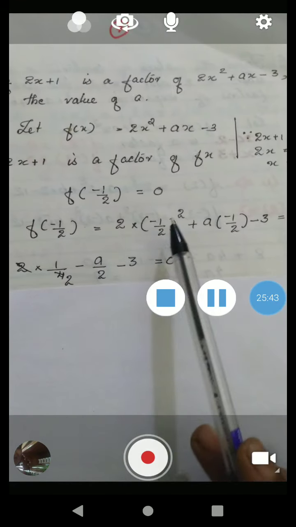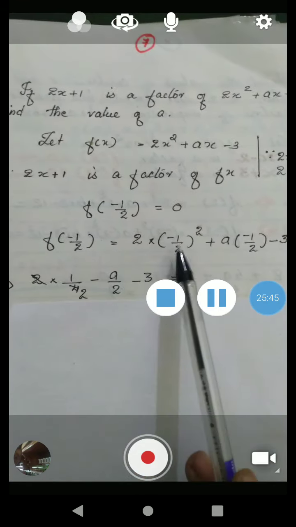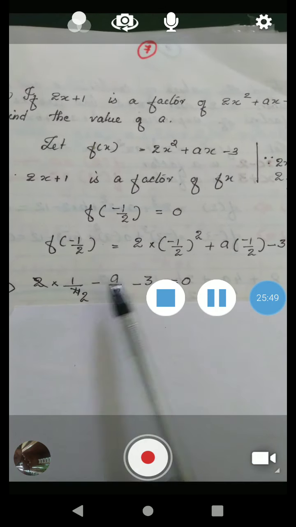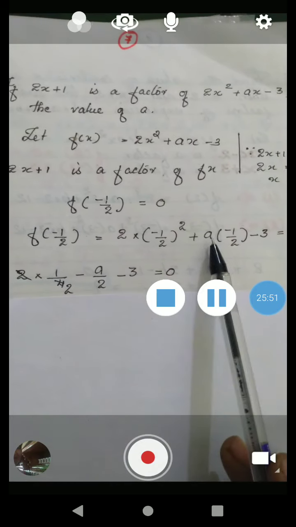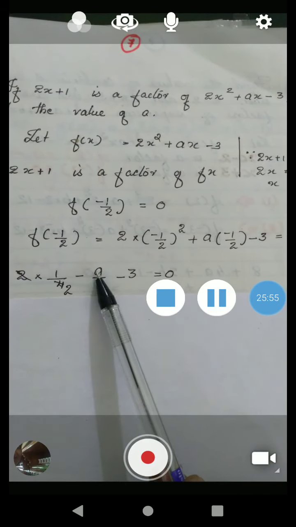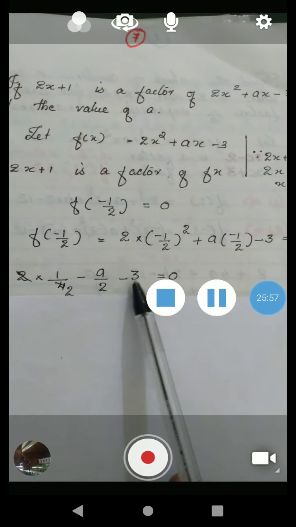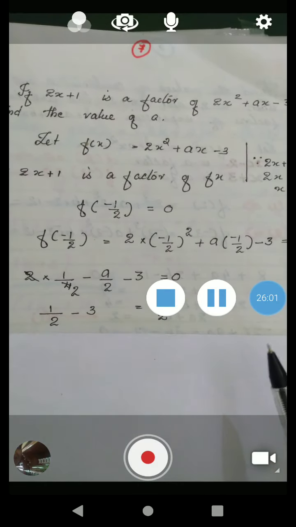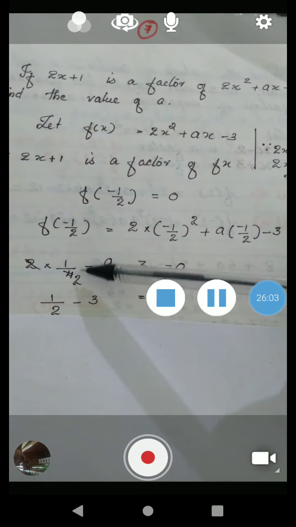Therefore, consider this 2 into 1 by 4, that is minus 1 by 2 into minus 1 by 2, 1 by 4. Here minus of plus becomes minus a by 2 minus 3 which is equal to 0. So simplify this. 2 and 4 cancelled.